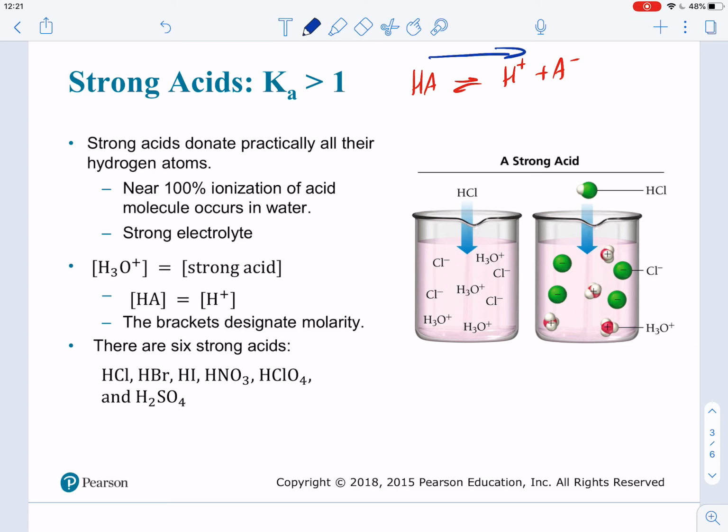For the particular case of an acid, that actually means that all of the acid that you add to the solution will be present as the ions. Okay, so here the concentration of HA is really, really small, to the point that it is negligible. So all of the acid is present as the ions.